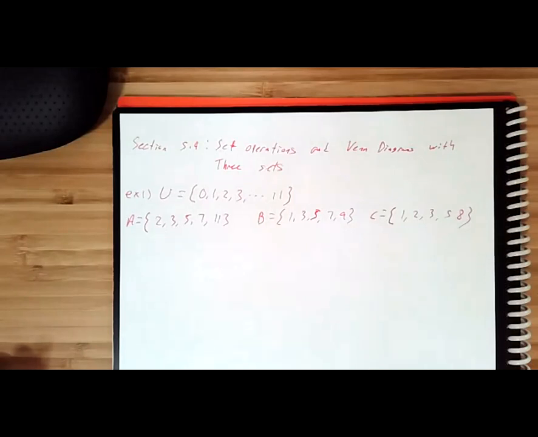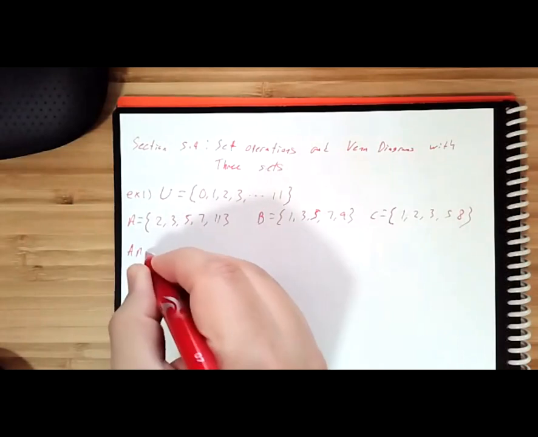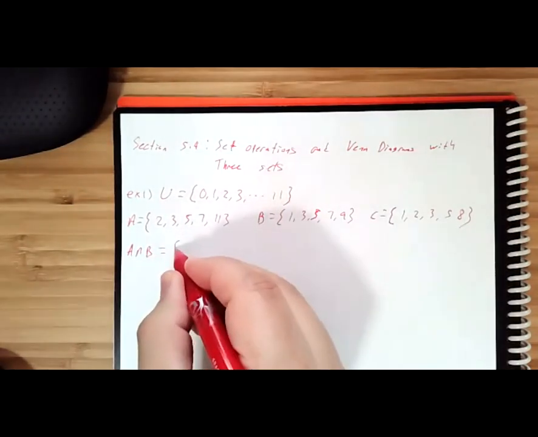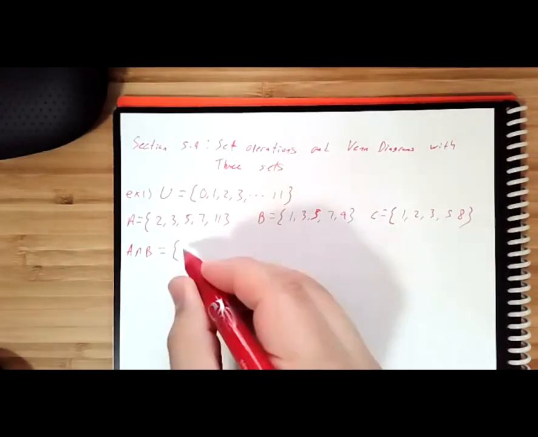I think it'll help to find the unions and intersections of each one. So let's do the intersections first. So A intersect B. What do they have in common? 3, 5, and 7.